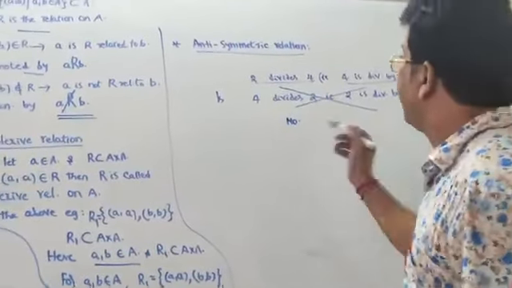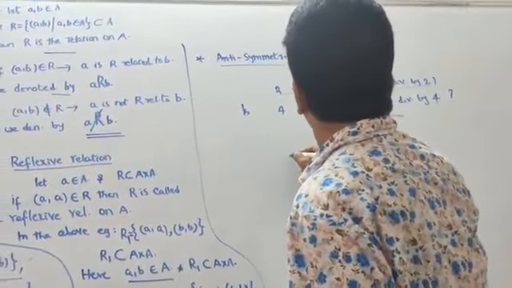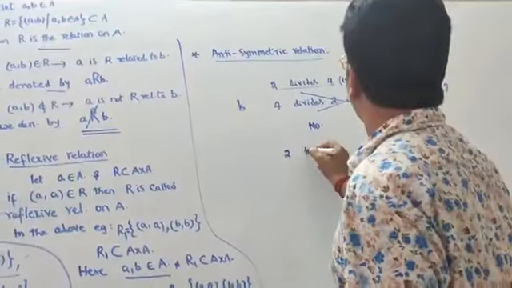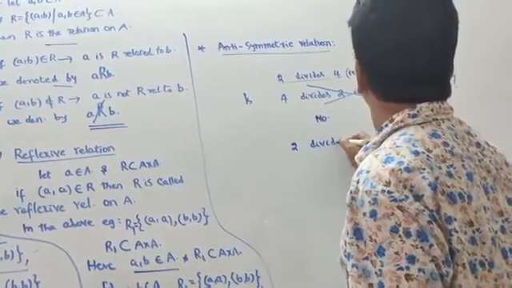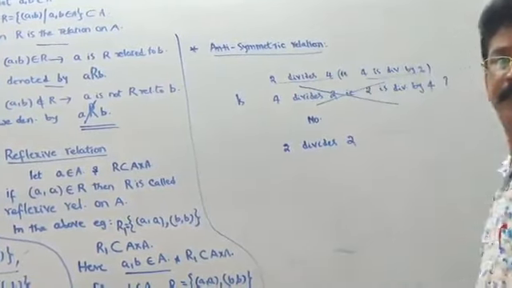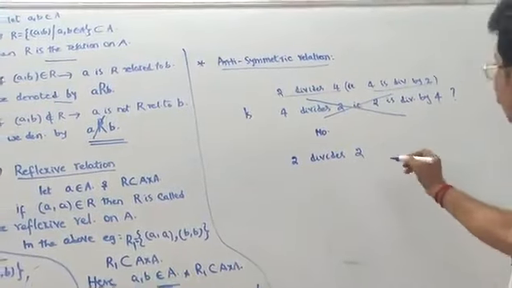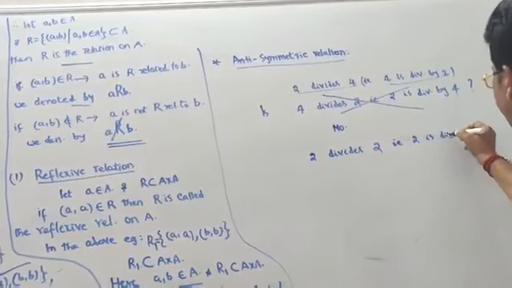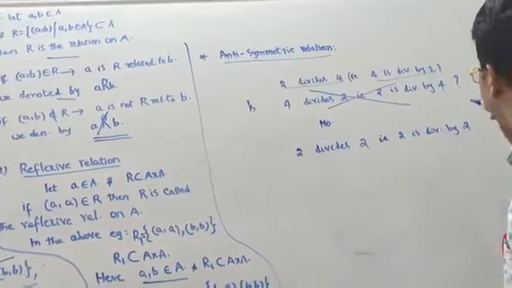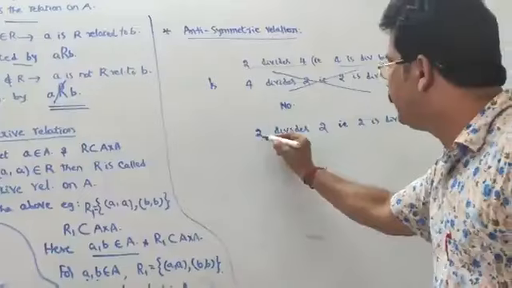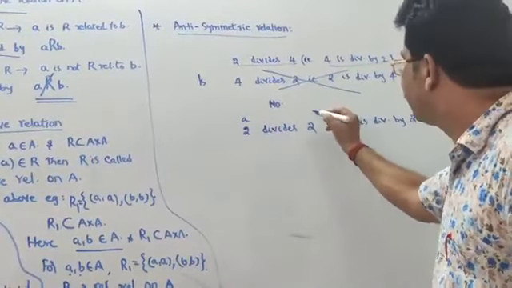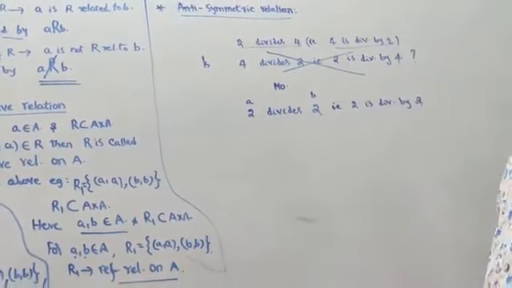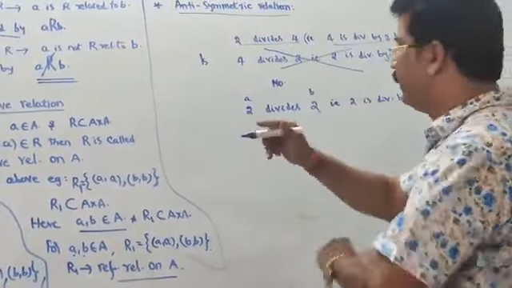Okay. Next, let us take 2 divides 2. 2 divides 2 means what? Once again, that is 2 is divisible by 2. Now, let it be small a, small b. Take in reverse order.